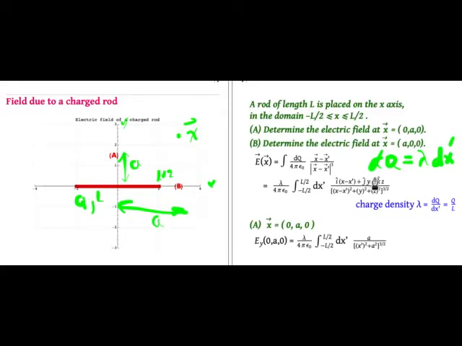And now I need the vector x minus x prime. Well, that'll be i hat x minus x prime plus j hat y plus k hat z. So for an arbitrary point A, I'm calculating this vector r.